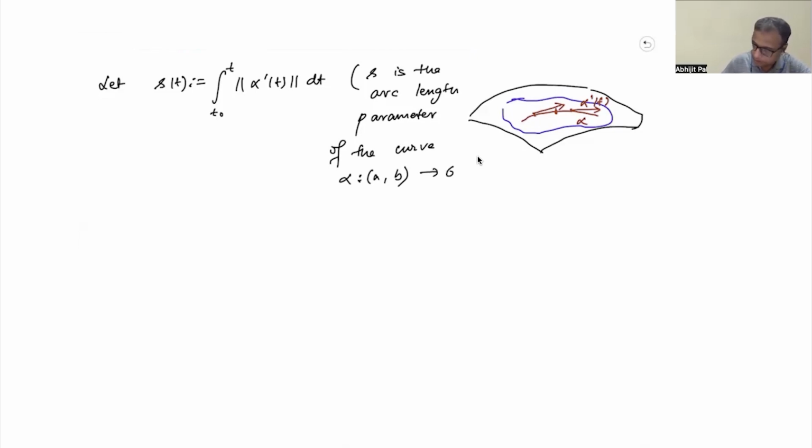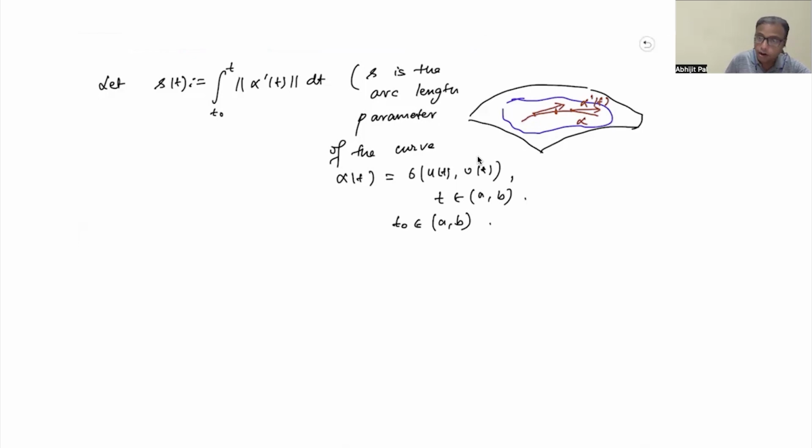Let us take this curve alpha(t) to be equal to sigma(u(t), v(t)), where this t is varying in this open interval (a, b), and this t0 also belongs to this open interval (a, b).